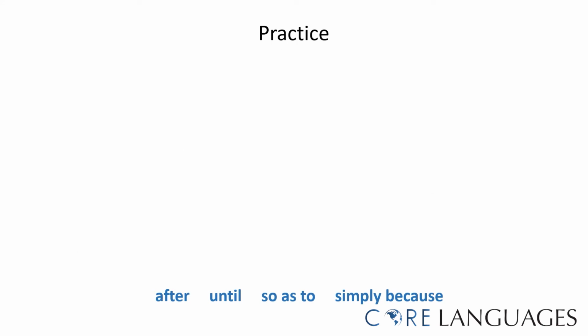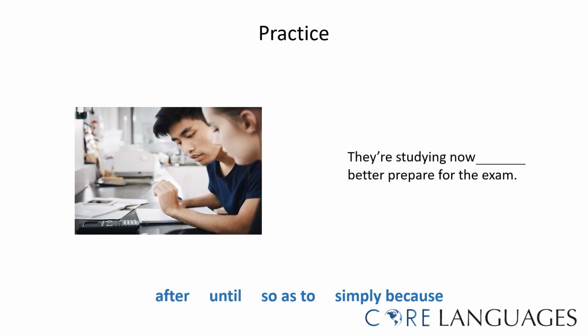Look at the following examples and choose one of the subordinating conjunctions below to complete the sentence. They're studying now after, until, so as to, or simply because, better prepare for the exam.